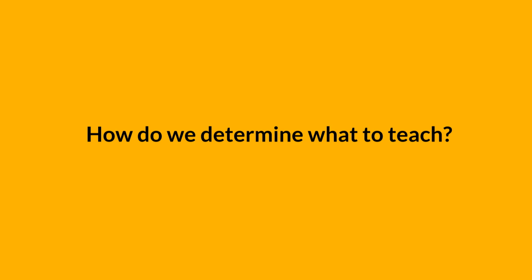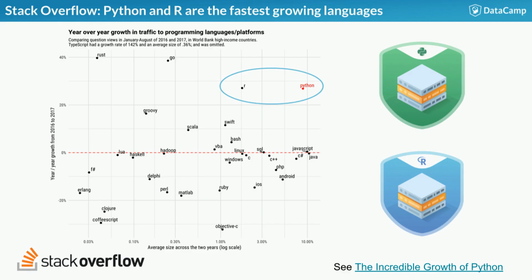And obviously, we have an internal content team that has an expert opinion on this. But in addition to that, we look at data from the market as well as data from our students to determine what to teach. Let's look at some data from the market. So we're looking here at data from Stack Overflow.